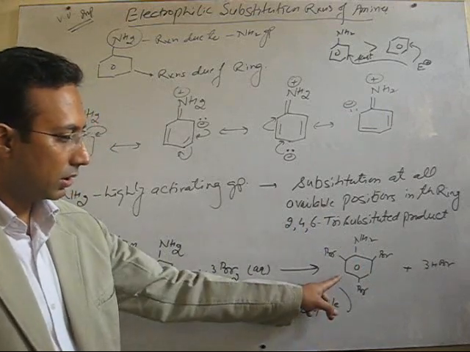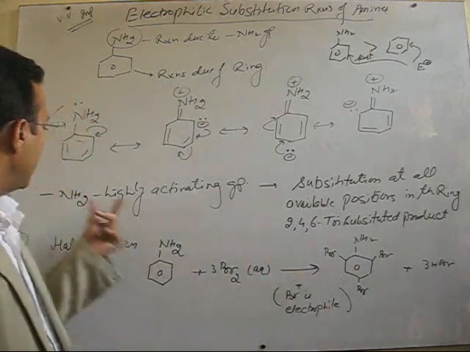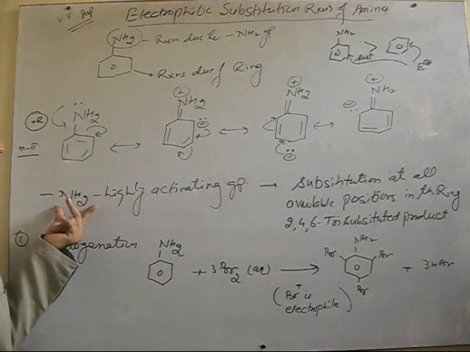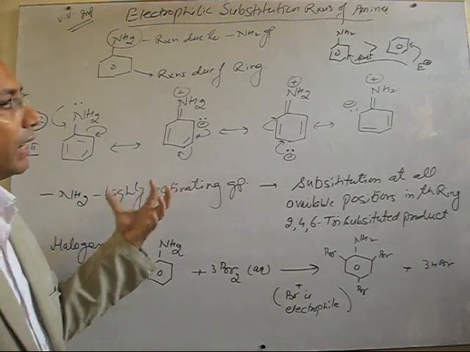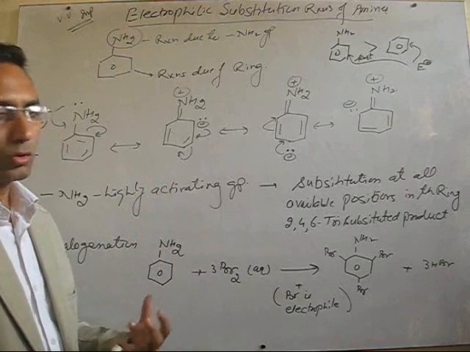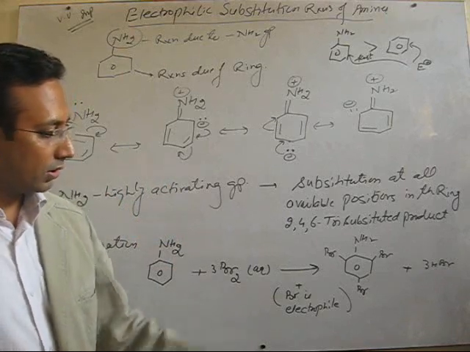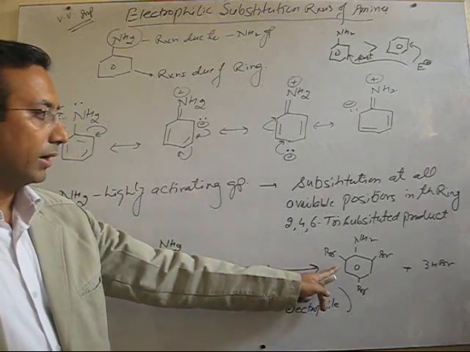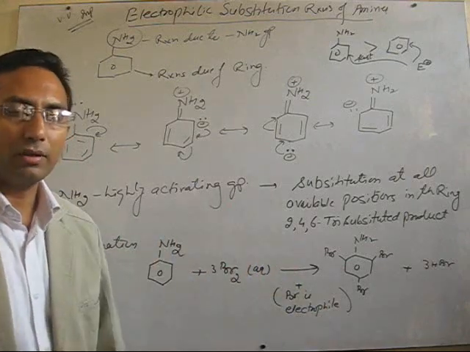So this is due to the highly activating NH2 group which makes the benzene ring highly susceptible towards electrophile. Therefore the electrophile gets attached at all the available positions.